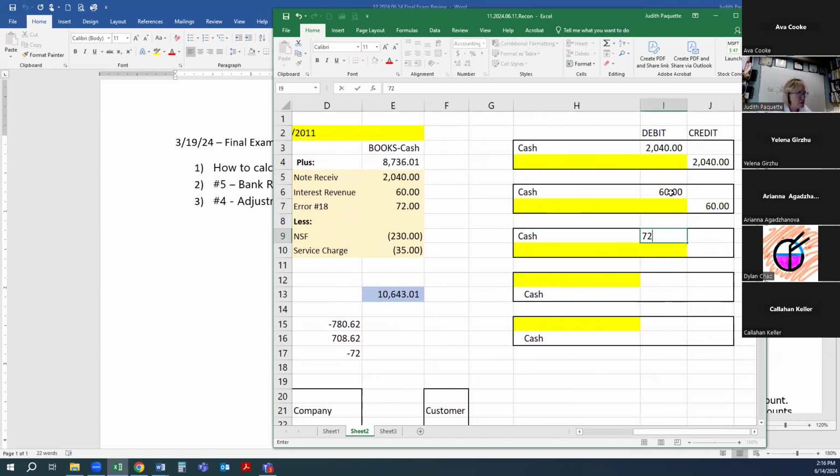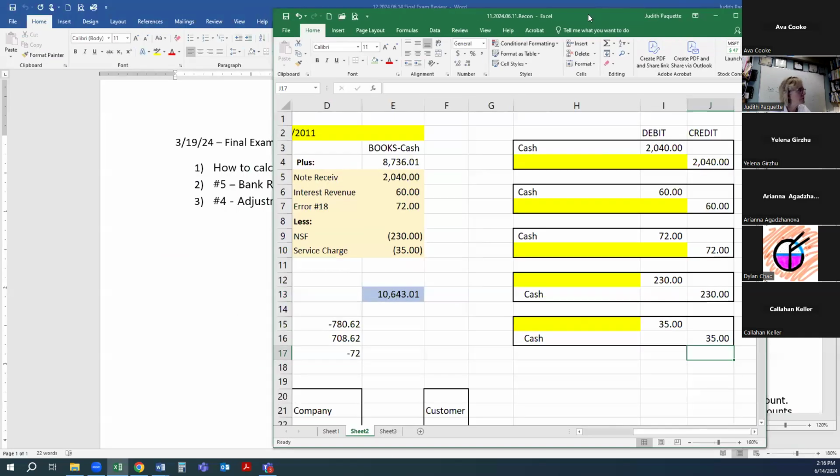We're just lifting this right off the bank reconciliation. And then here it's 230, 30, and here it's 35. That's a huge fee. All right. So you're almost there. Now you just need to say, what is the other half of this journal entry? And here's where we have to kind of go back and read the problem.